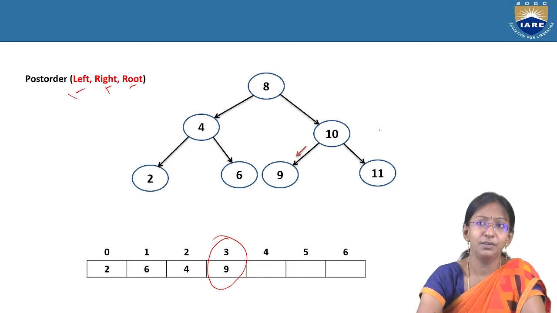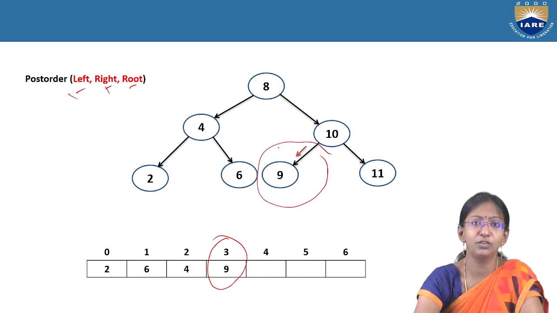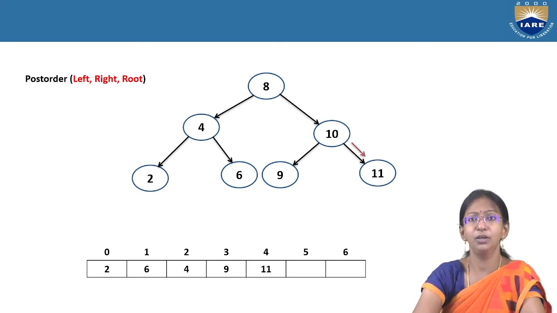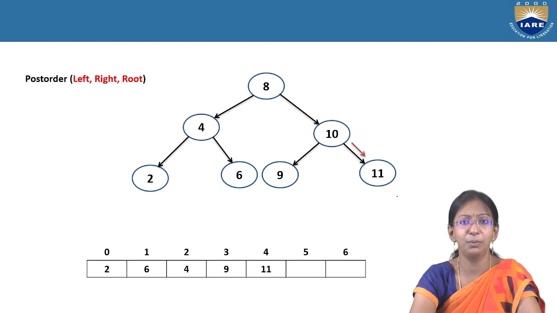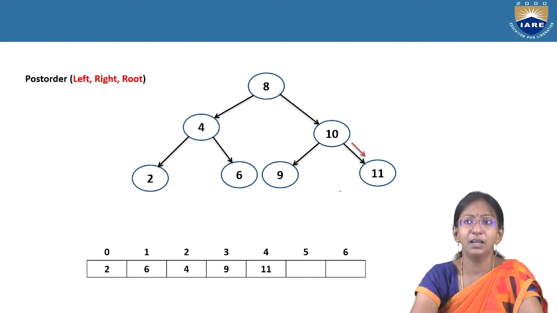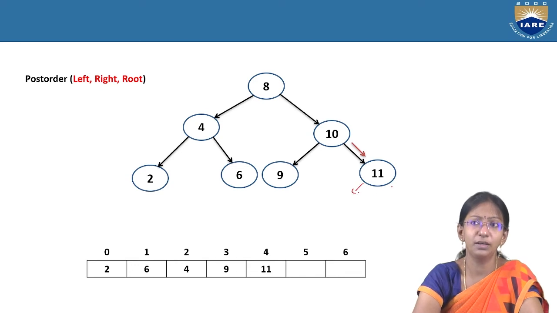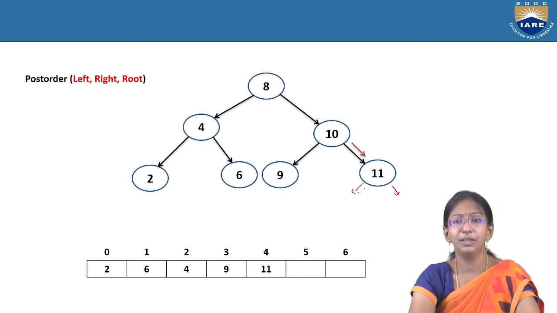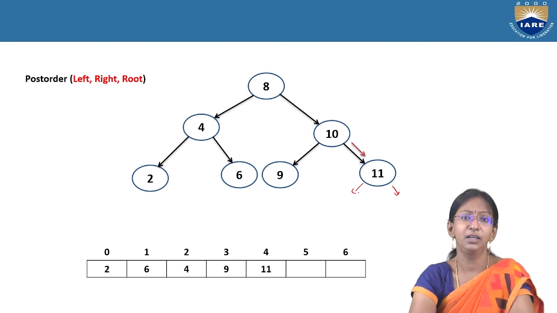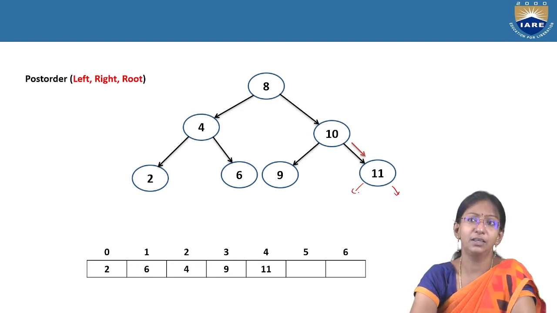Now traversing towards the left of 10 is done. Let's move towards the right of 10, which is headed by 11. Check whether 11 is having any left or right child. As it has none, store the current one, which is 11.